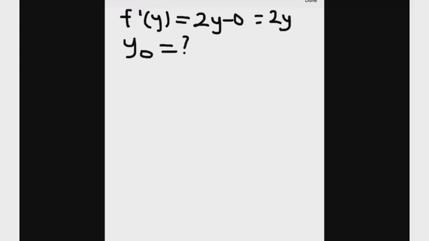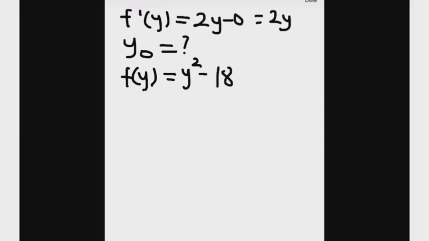Remember, our function f of y equals y squared minus 18. To set your y naught, you ensure that the value of the function will be tending towards 0.